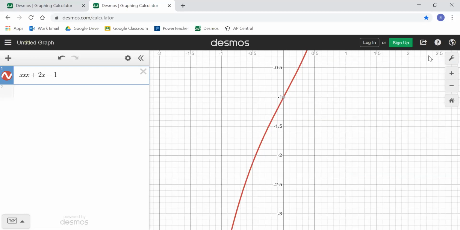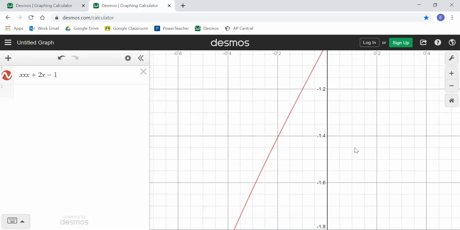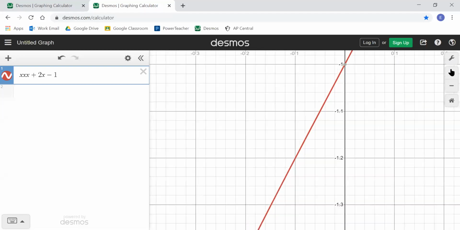Yeah. And if I made it even smaller, let's say from negative 0.2 up here to 0, all of a sudden this line that goes through this point and this point is going to begin to look very much like our function. Would you guys agree? Yeah.